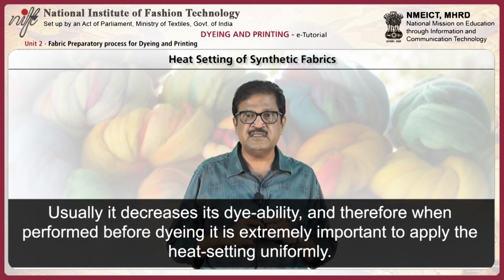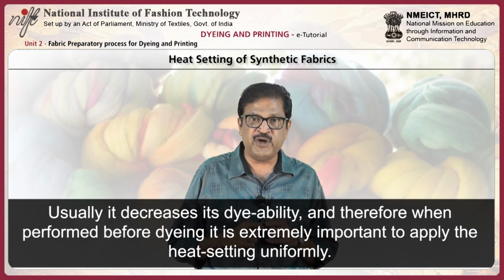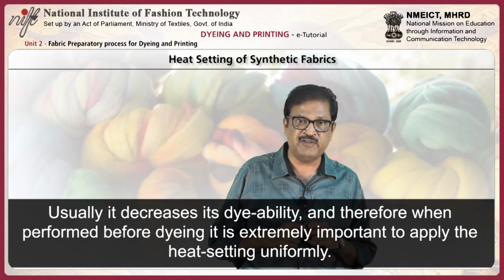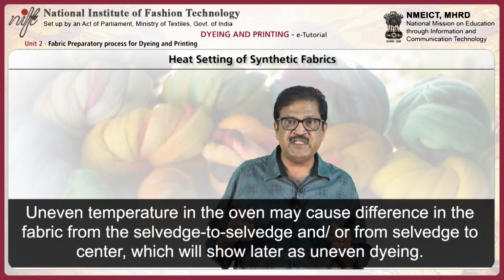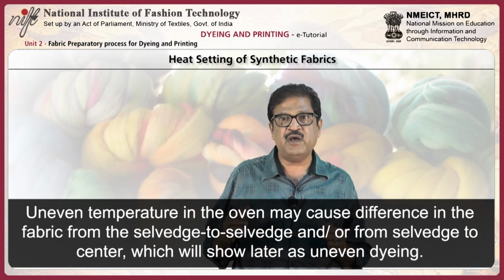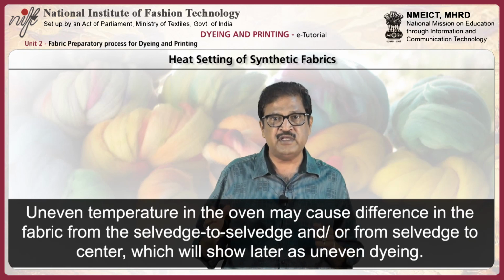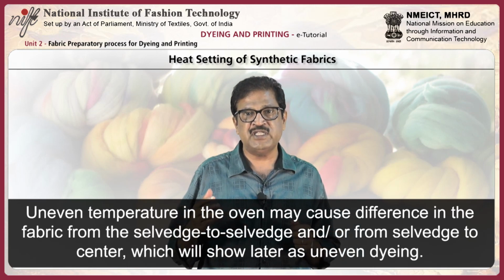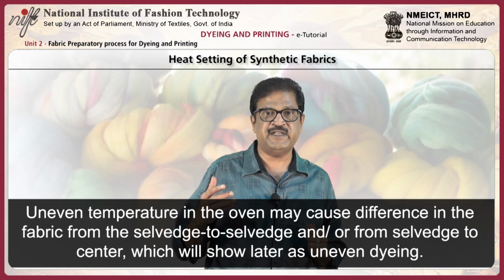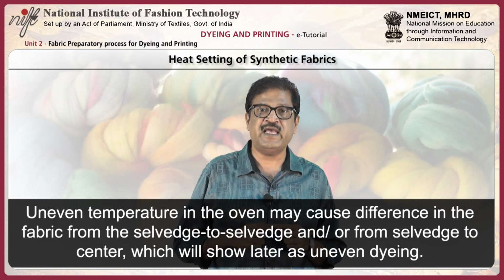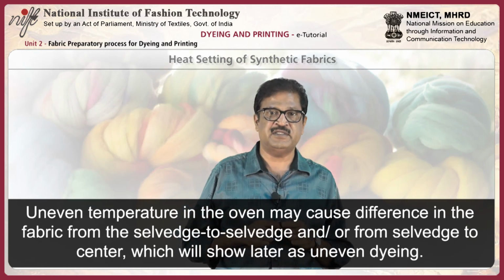Usually it decreases its dyeability and therefore when performed before dyeing, it is extremely important to apply heat setting uniformly. Uneven temperature in the oven may cause difference in the fabric from selvage to selvage and from selvage to center, which will show later as uneven dyeing.